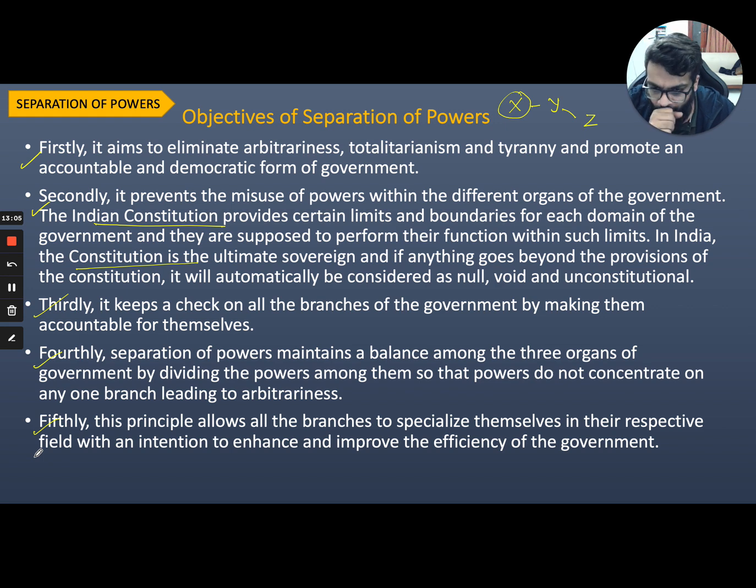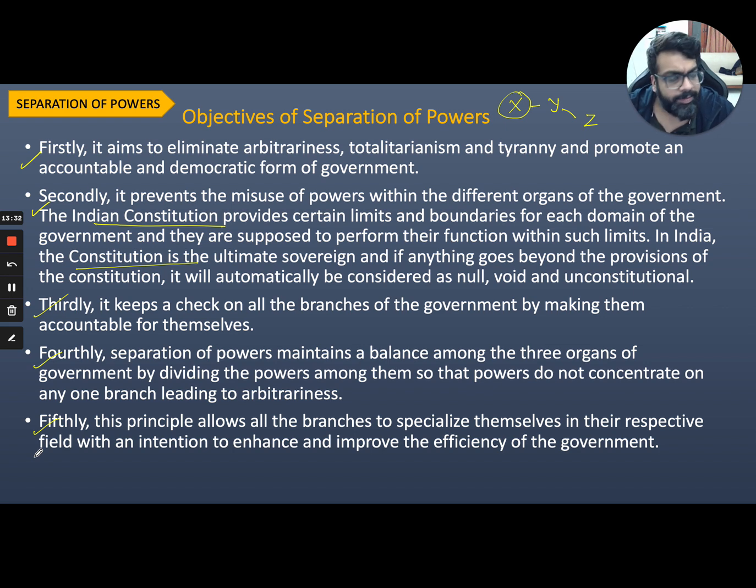Which means, quantitatively and qualitatively, our lawmaking processes must improve, our implementation processes must improve, and the quality of our judgments, the impact of our judgments, the tenacity and the integrity of our judgments must also solemnly improve. This is possible because the branches of the government have been given those specific powers to deal with.